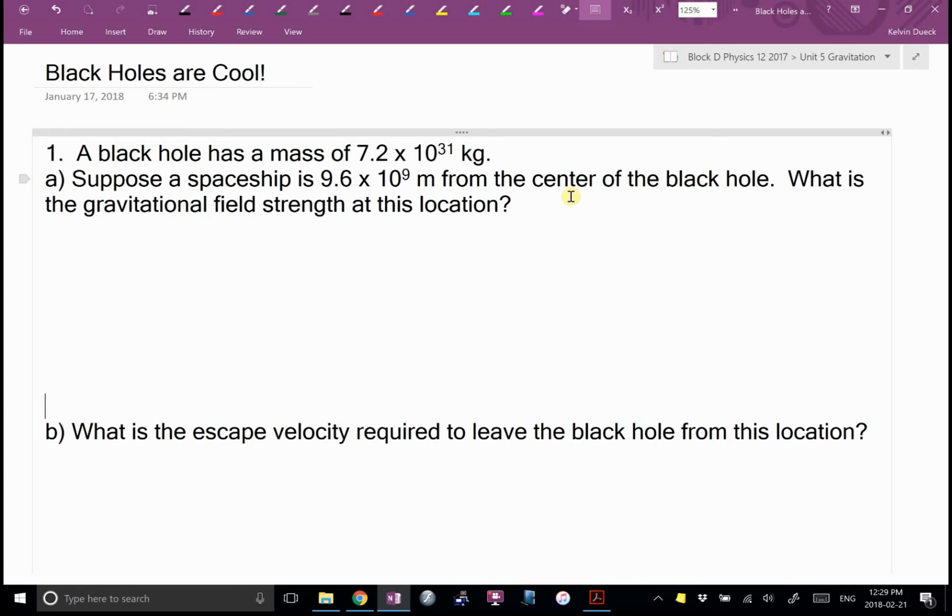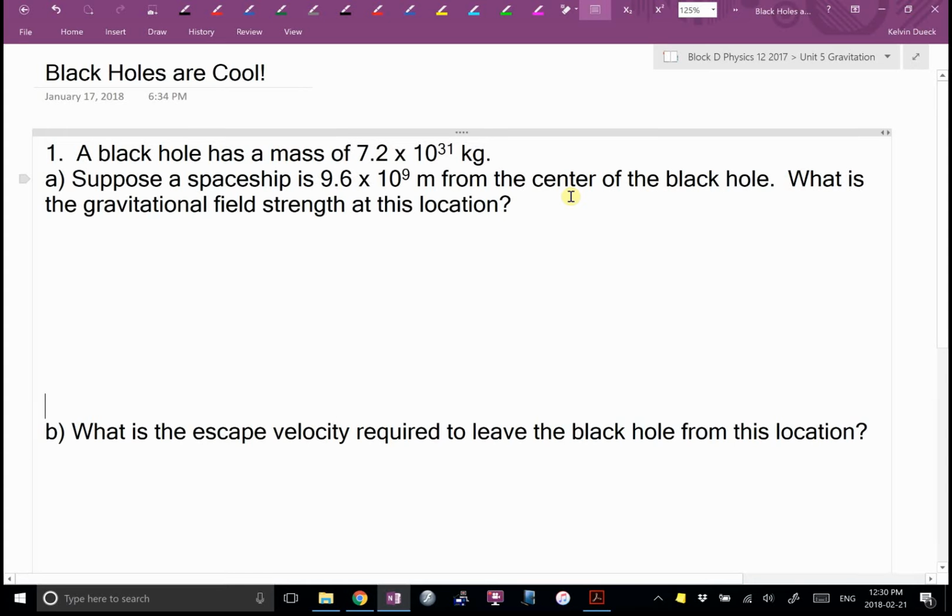But as material is being used up at the core of the star, eventually there comes a tipping point where the outward force of fusion is not as big as the inward pull of gravity. And the star will start to collapse on itself and become denser and denser, and then it may form a black hole.